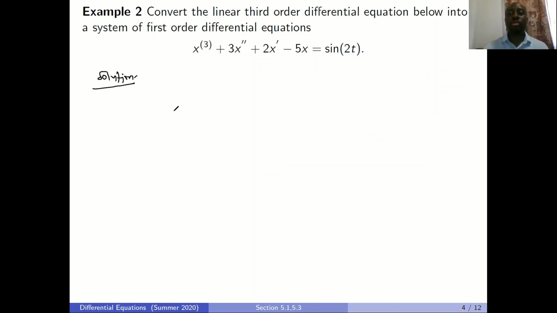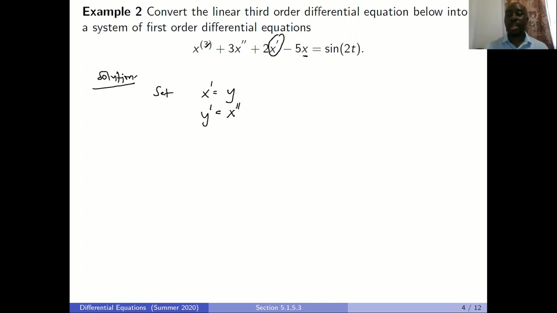So again, we're going to make substitutions for the derivatives beginning with the first derivative. We don't substitute the unknown function x. We are only going to start substituting its derivatives. So we're going to set x prime to be some new variable y, and then y prime will just be the second derivative of x.